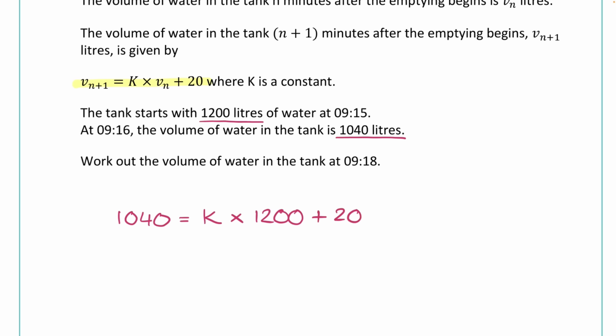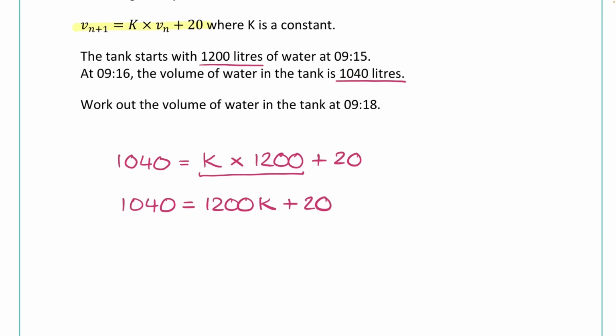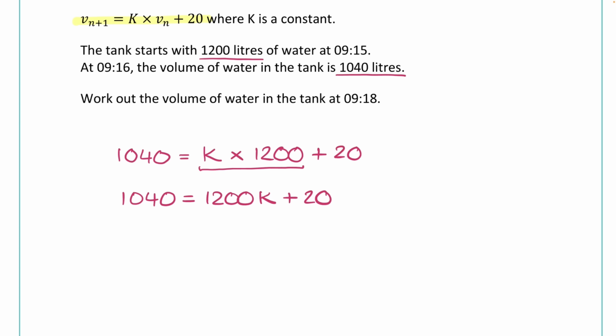Now it's up to you, but k times 1,200, normally when we multiply a number by a letter, would be written as 1,040 equals 1,200k plus 20. That equation is quite nice because we just need to take away this 20 from both sides, like we would with a two-step equation.